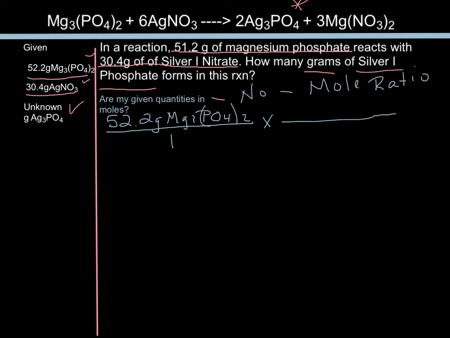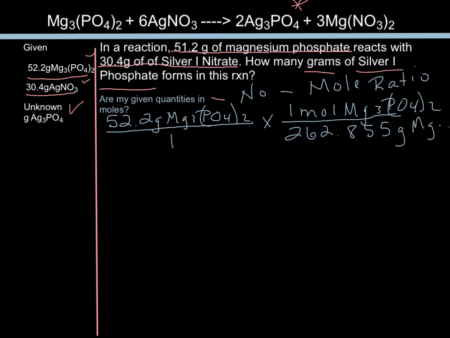So I know that 1 mole of magnesium phosphate has a molar mass of 262.855 grams of magnesium phosphate.